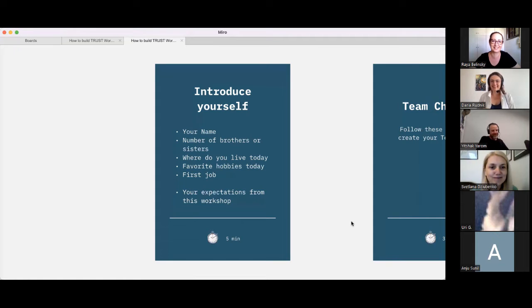Daria, your turn. Thanks, Raya. Again, my name is Daria. I have one sister. I live in Rishon LeZion. My hobby is teaching my kids English so that they speak pretty well. My first job was librarian. My expectation from this workshop is to give you a tool that you can take to your teams and use, so that there will be one or two or three teams that are happy, engaged, more productive and effective.